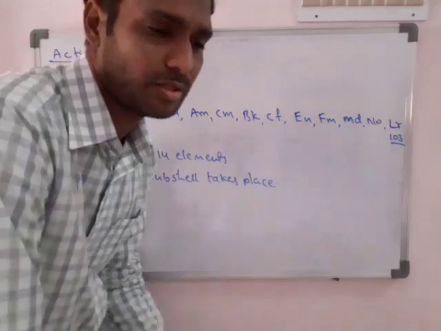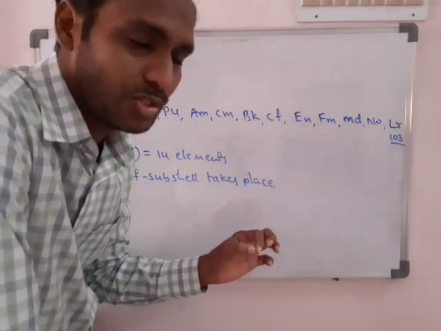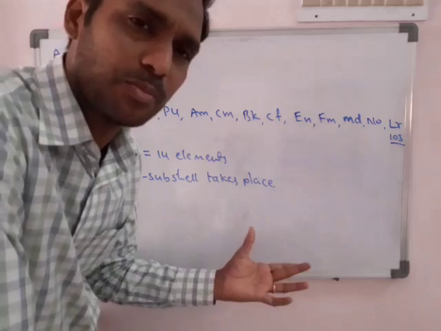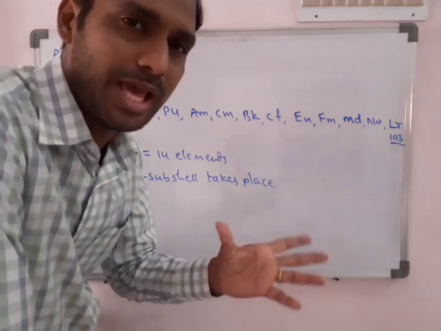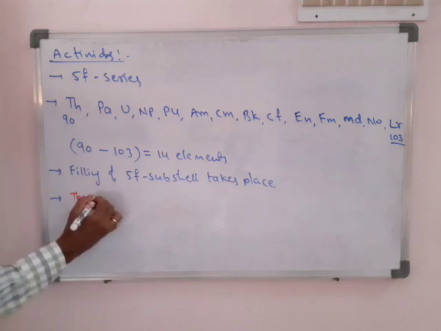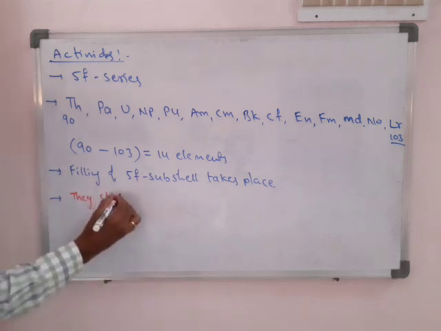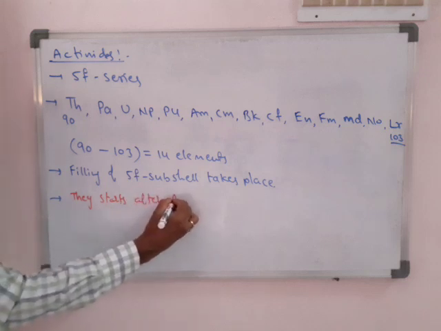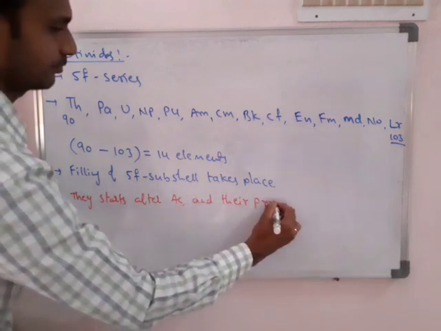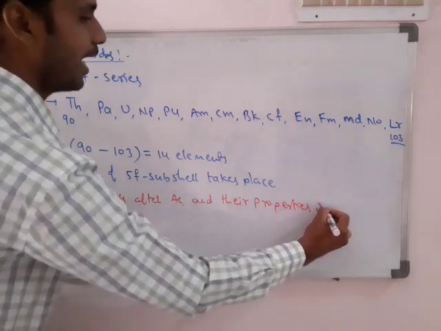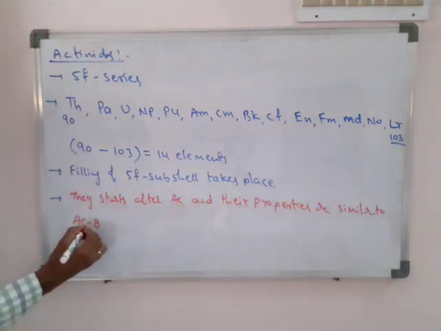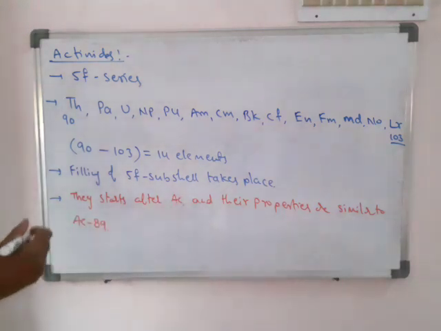We discussed lanthanides. Lanthanides start after lanthanum. Here, the actinides start after actinium 89, which is in the D block, so they are treated as actinides, and also their properties are similar to actinium. They start after actinium, and their properties are similar to actinium. Ac means here actinium, that is 89.